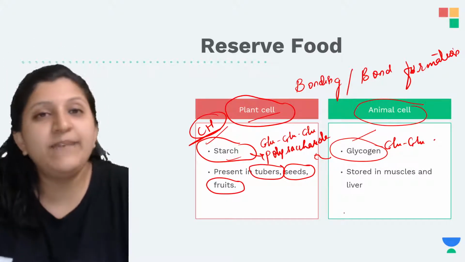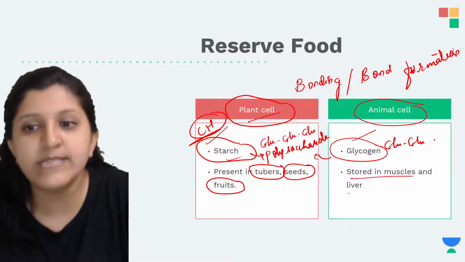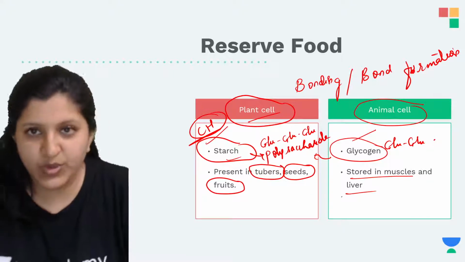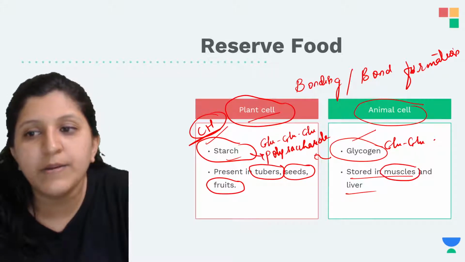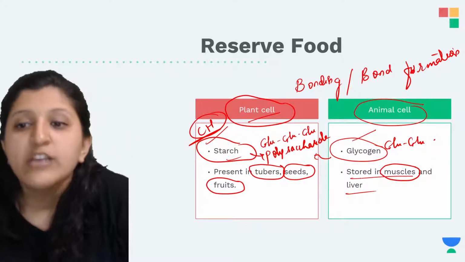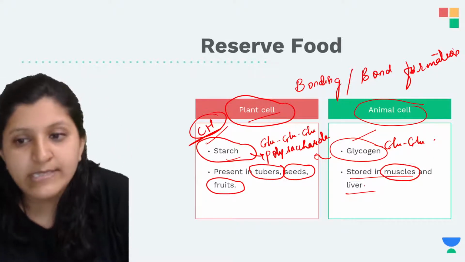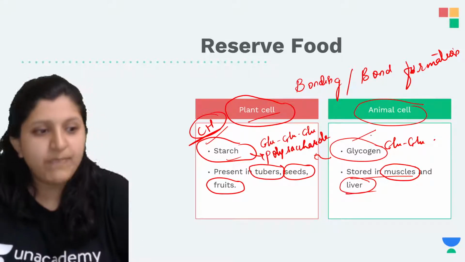What about animals then? Where exactly is glycogen stored? It is stored in muscles and in the liver. So mainly it can be stored in muscles and also in the liver.